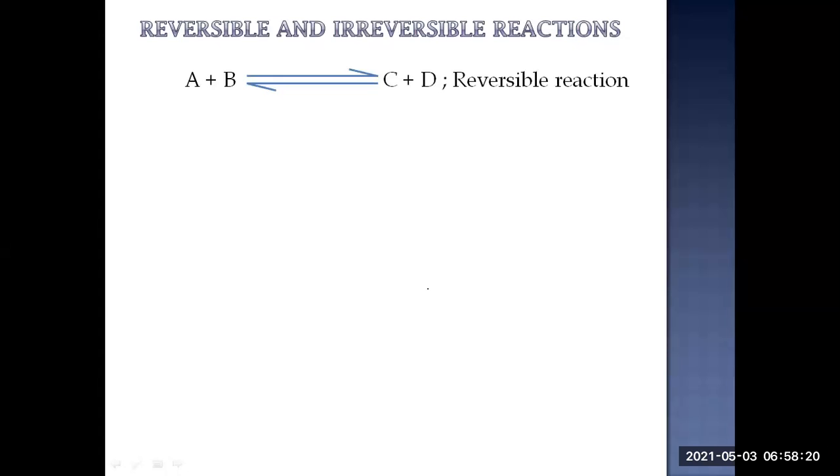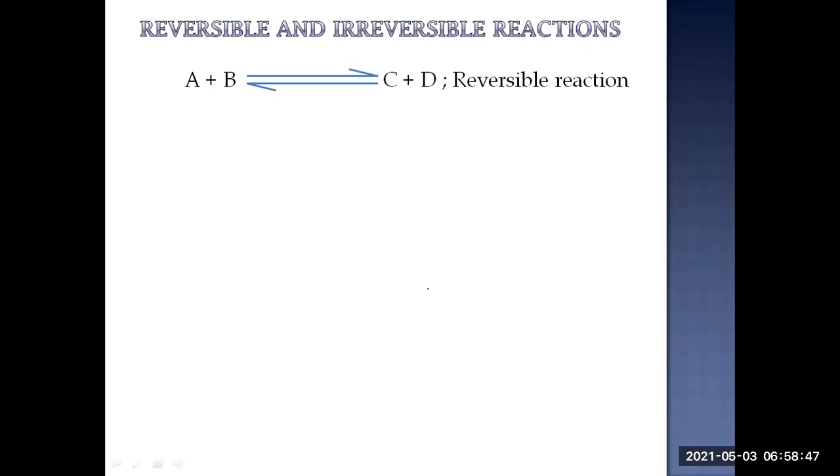When reactants start reacting, they form products. In a reversible reaction, the products formed will be such that they also start reacting to give back reactants. Okay, so a reversible reaction is one in which products formed react to give back the reactants.